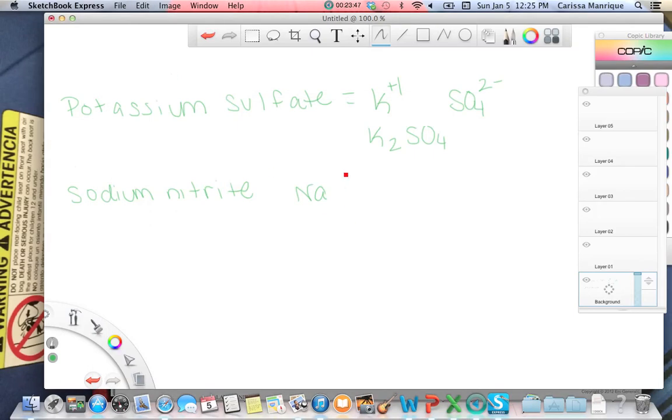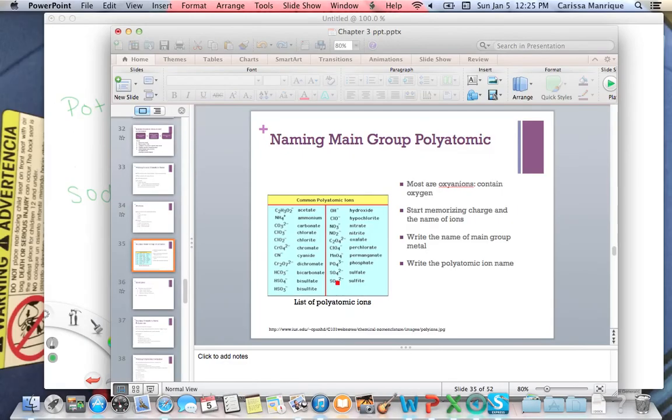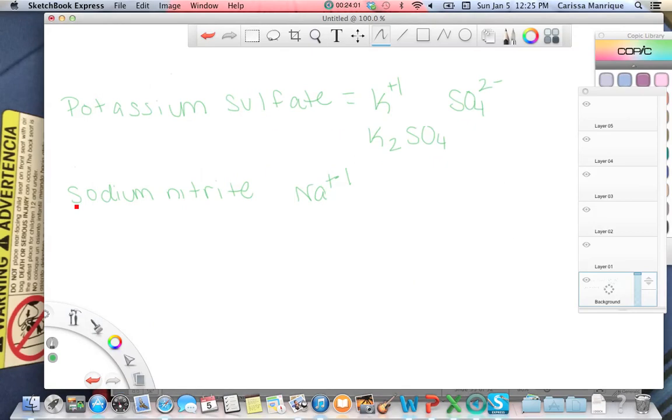So that is a +1. And let's look at nitrite. Nitrite right there is NO2 with a minus charge. So let's look at NO2 with a -1. Okay? Do you see that these are already neutralized? A +1 and -1 will equal 0. So we just write NaNO2.